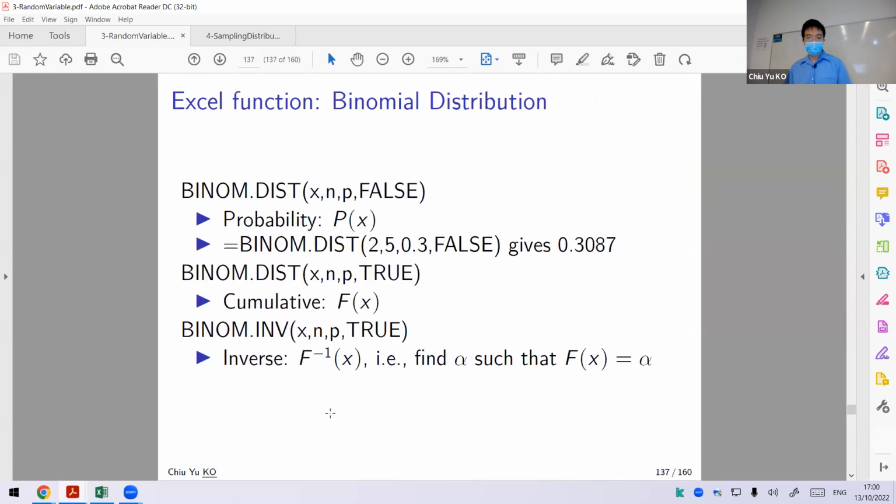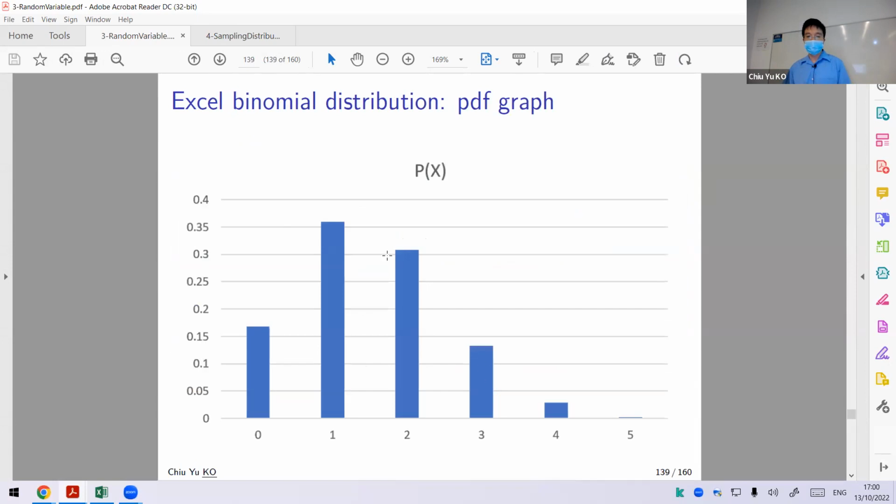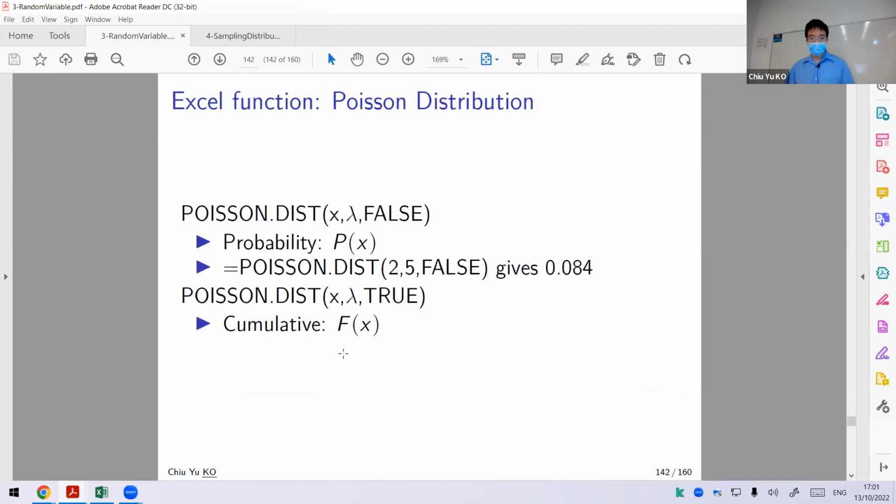Here I put all the P, then you can plot the P of X. I don't think I need to do it because you know how to do the bar graph already. And this shows how to plot the F, which again I think is clear.